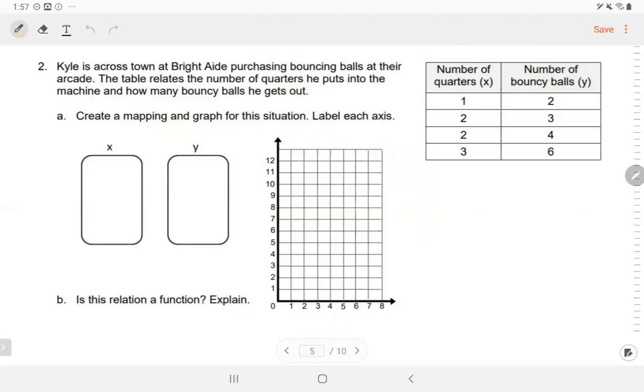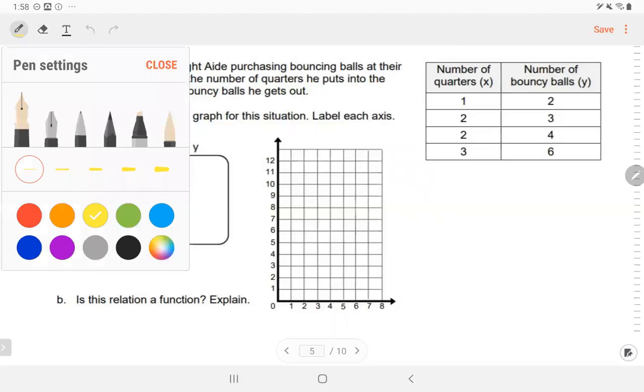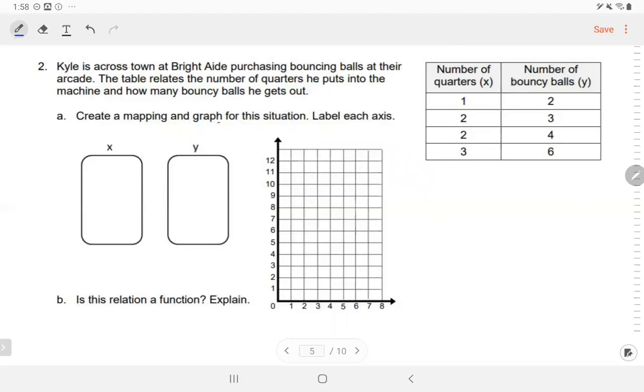Next problem, Kyle is across town at Bright Aid purchasing bouncy balls at their arcade. The table relates the number of quarters he puts into the machine and how many bouncy balls he gets out. Create a mapping and graph for this situation. So for the mapping, our mapping is going to be x and y.